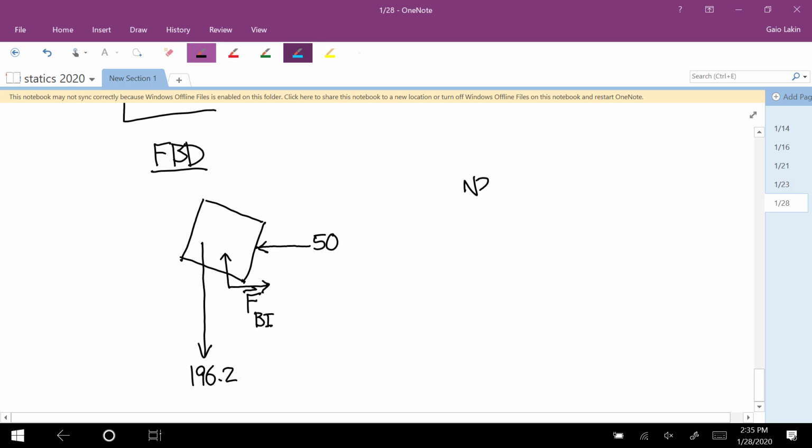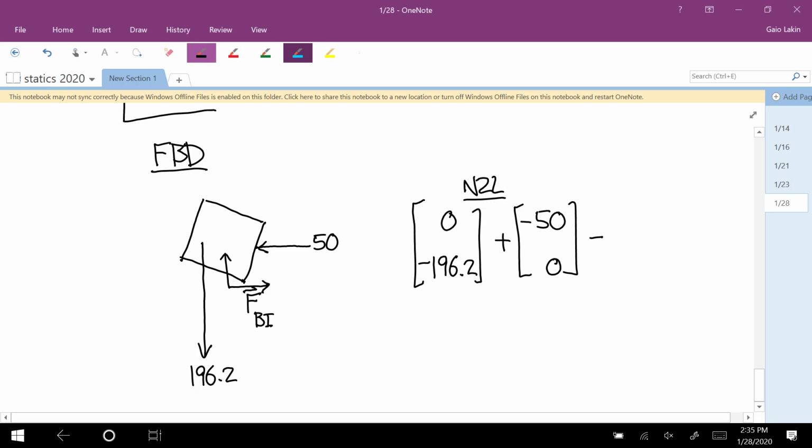And so Newton's second law says 0, negative 196.2, plus negative 50, 0, plus FBIX, FBIY, is equal to zeros.